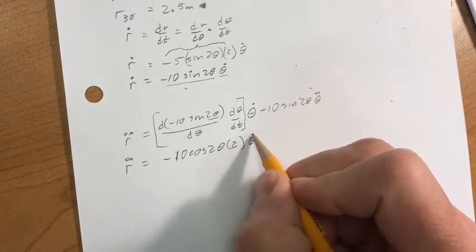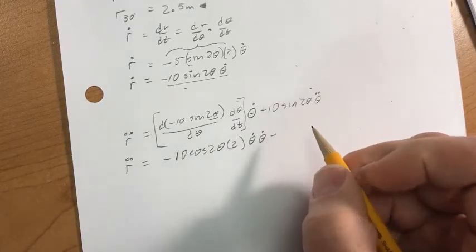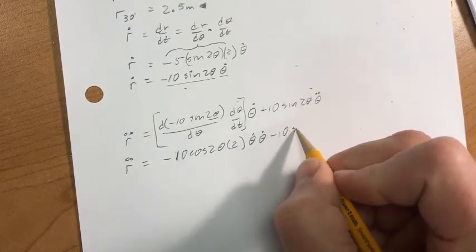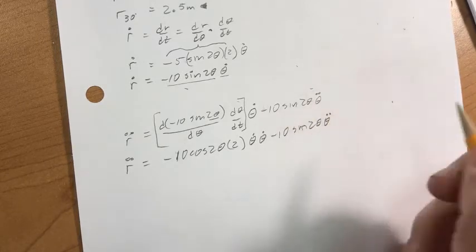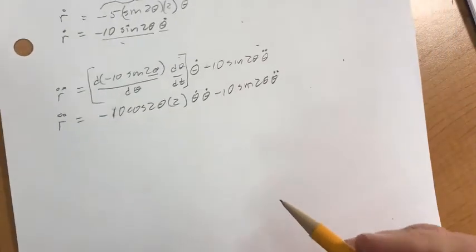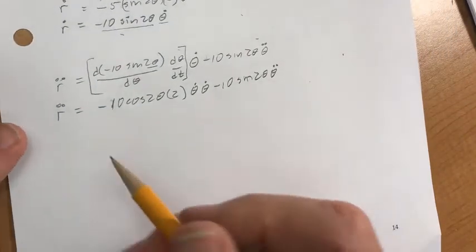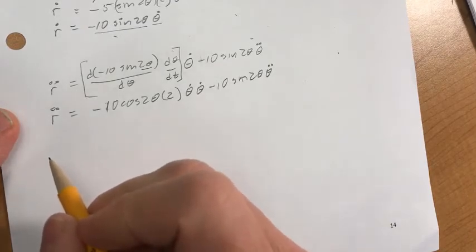So I get theta dot, minus 10 sine of 2 theta, theta dot dot. So you can see why we came up with this dot notation. When I say we, I mean they, because writing a lot of dt's would be kind of complex.